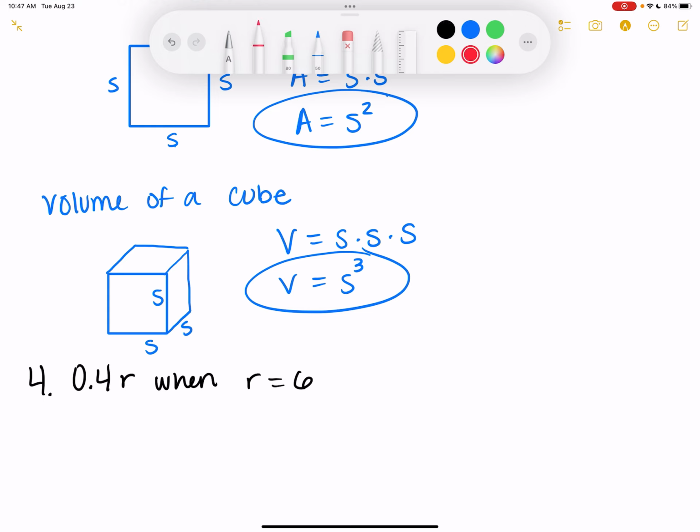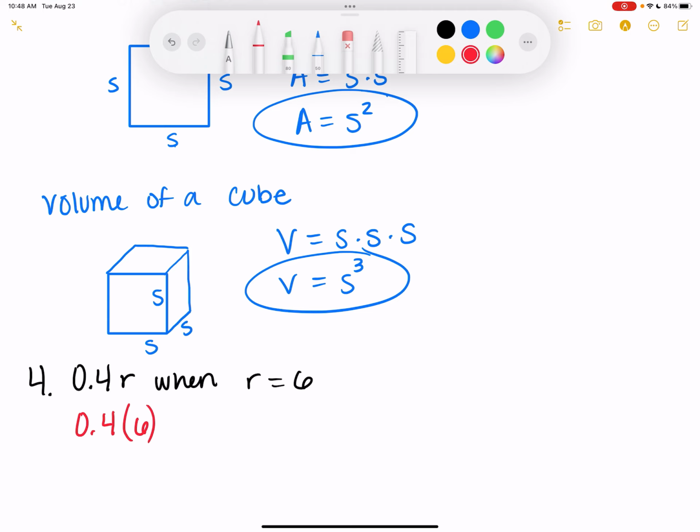What they want us to do with these is put the number they give you in for the variable in the equation. So you would have 0.4, and because I'm putting in a number in its place, I'm going to use parentheses so that I can see that I'm doing multiplication. So I have 0.4 times (6), okay?